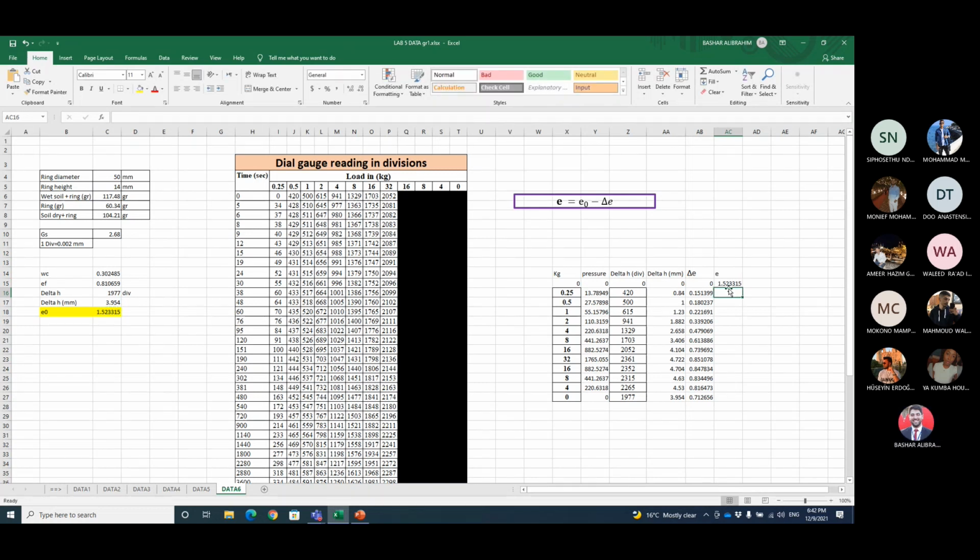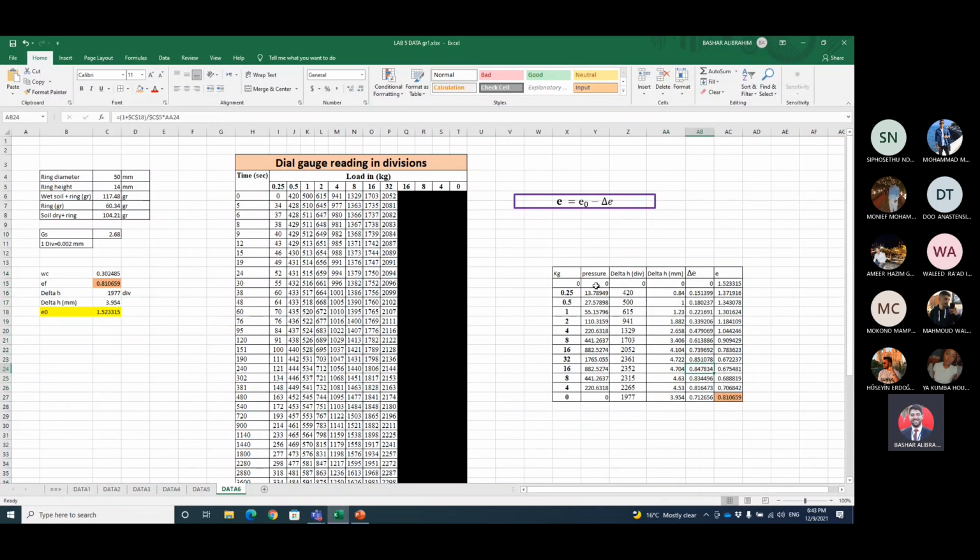I will fix this e0. Click and drag. So when you drag, this number should be your final void ratio if you've done everything correctly. Let us check this and this. As you can see, they are indeed equal. So our calculation is okay.